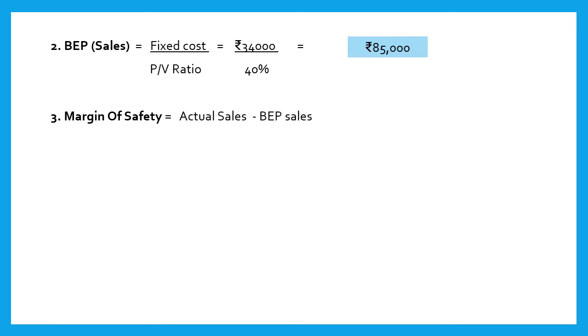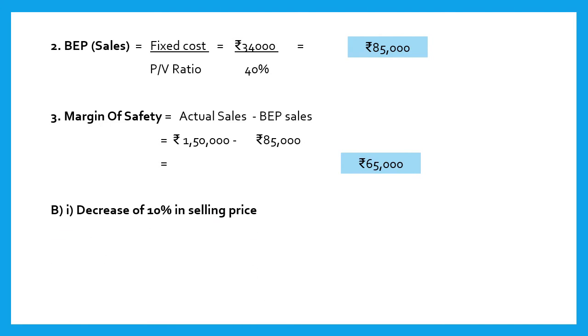After that, the third point is the margin of safety. The formula is actual sales minus BEP sales. We have actual sales of rupees 1,50,000 minus BEP sales of rupees 85,000, and in this way we get margin of safety of rupees 65,000.